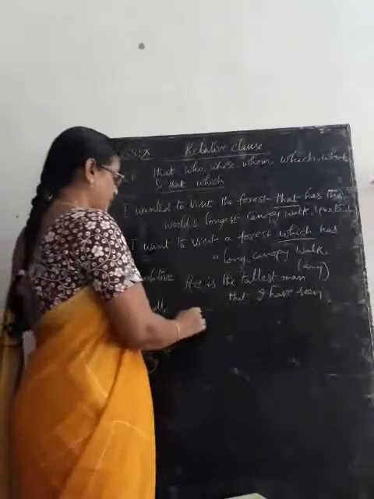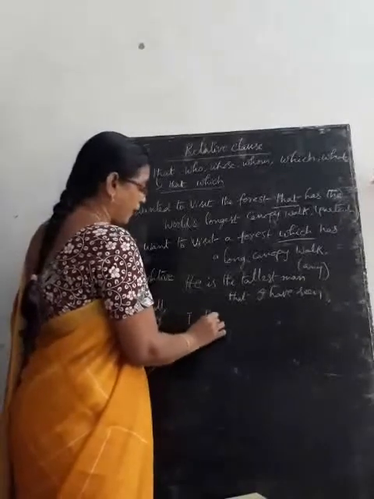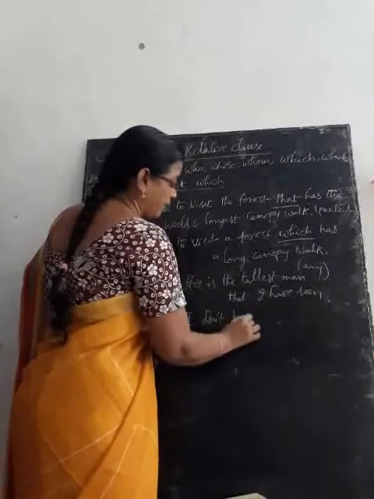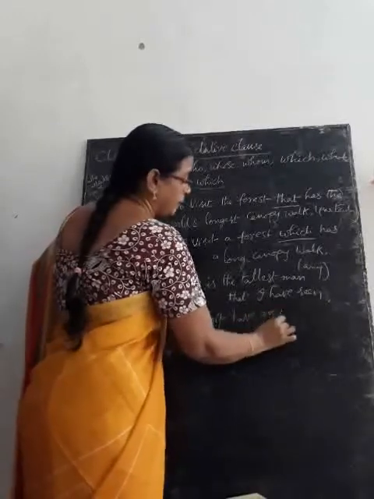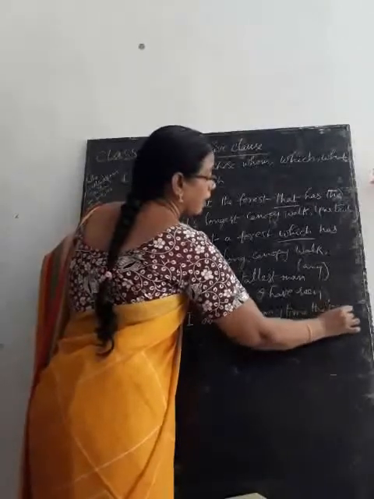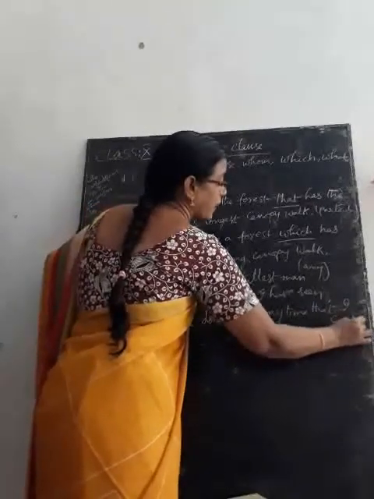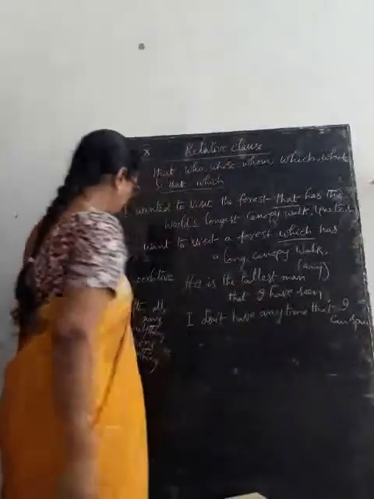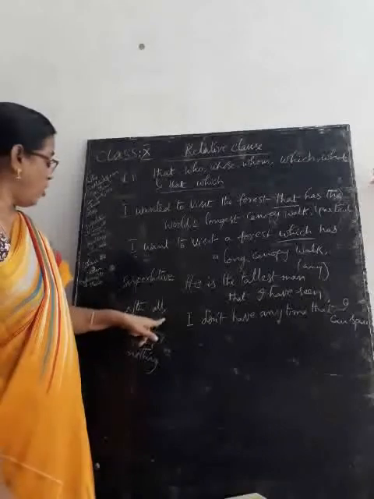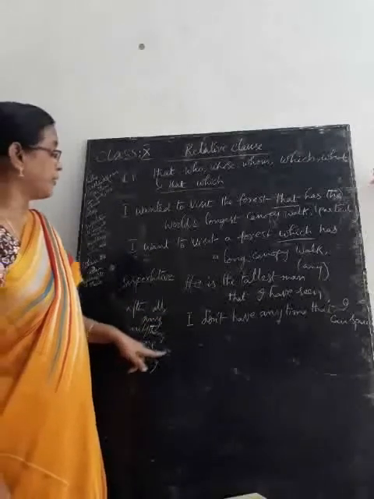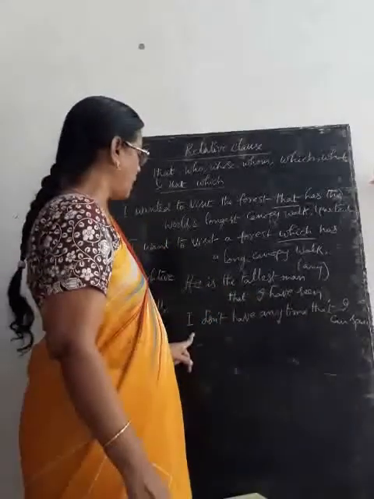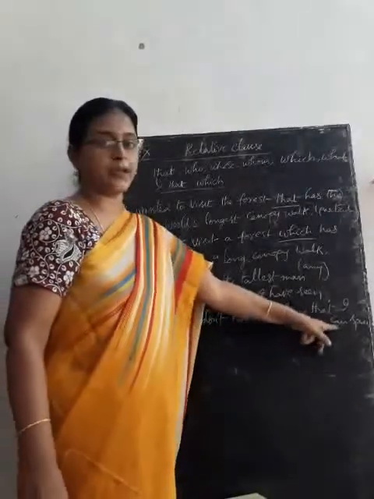For example, I don't have any time that I can spare. After some words like all, any, anything, none, nothing, we use the relative pronoun that. I don't have any time that I can spare.